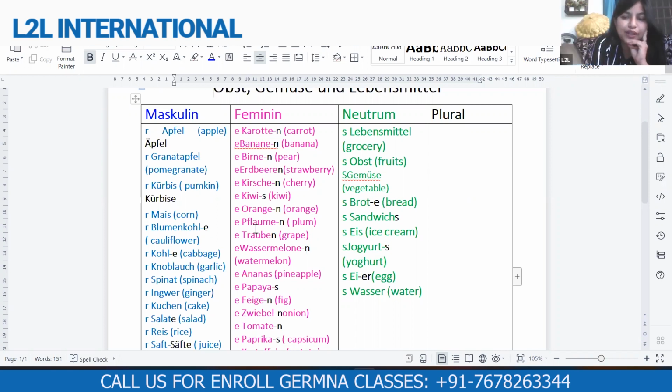And what did you write as a plural? Same, the Granatapfel. Okay, but here again, only the Apfel part will change, right? Granatäpfel. It's Granatapfel, that is your singular, and Granatäpfel, only the Apfel will change to Äpfel.